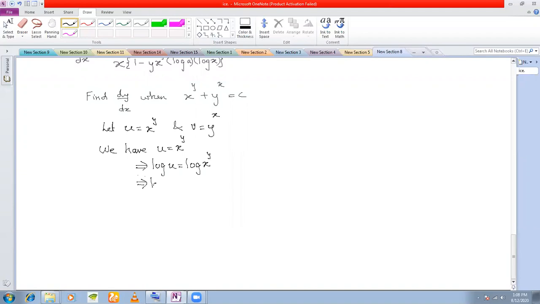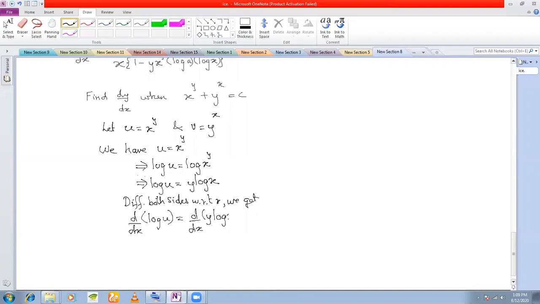That means log u is equal to y log x. Now differentiate both sides with respect to x, we get d/dx of log u is d/dx of y log x. Okay.